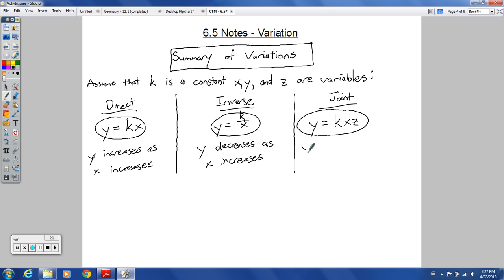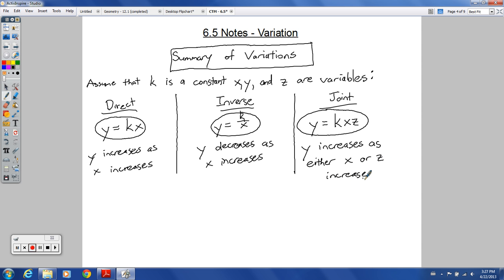So y is going to increase here as either one of these two values increase. So as either x or z increase.